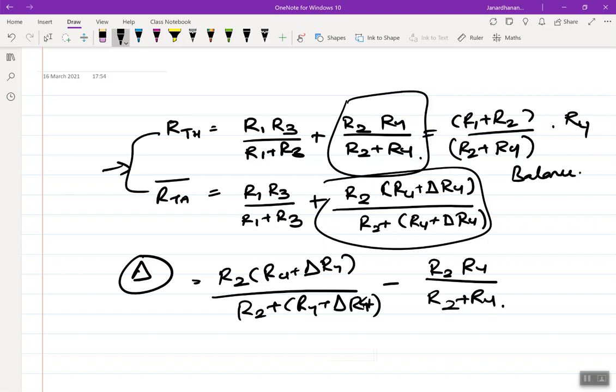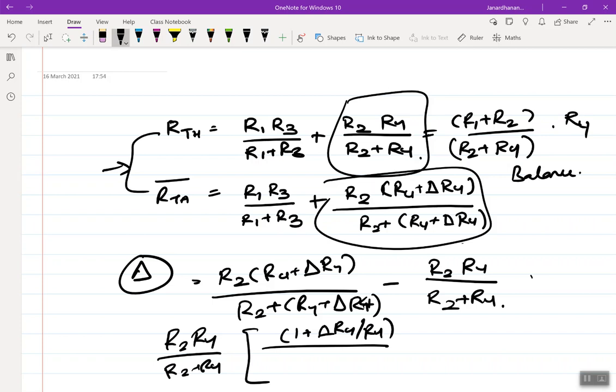Now if you take the second part common, R2 R4 by R2 plus R4 into, R2 gets cancelled out in the numerator, so I have 1 plus delta R4 by R4.